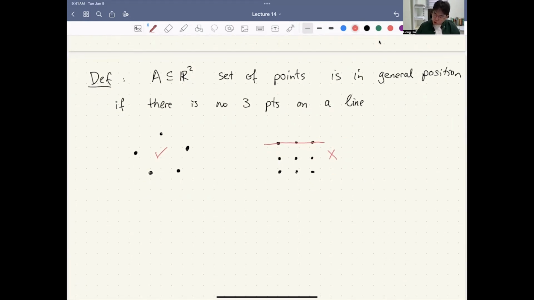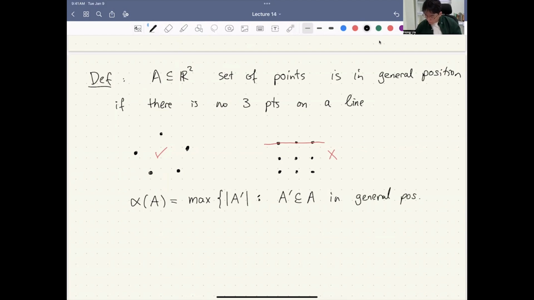Now we can define the function which measures the largest subset of points of a given point set that lies in general position. Let alpha of A be the maximum size of A prime, where A prime is a subset of A in general position, meaning no 3 points on a line.